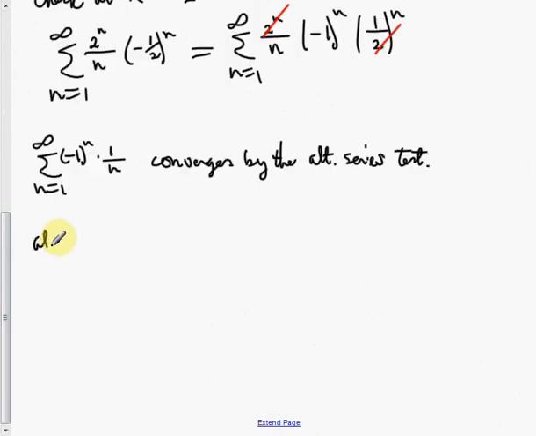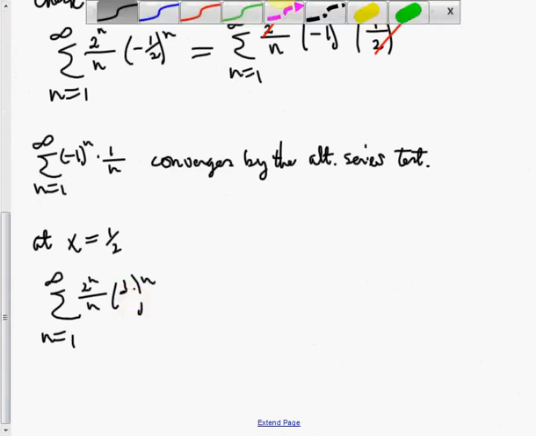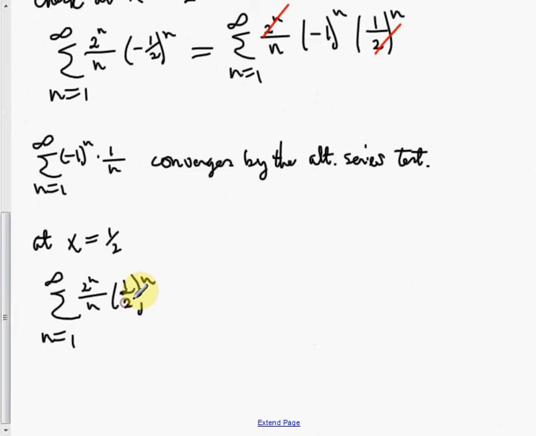Now we check at x equal to 1/2. So this is the summation as n goes from 1 to infinity of 2 to the n over n times 1/2 to the n. You see where I break it down for you.